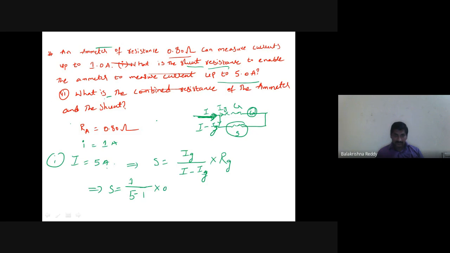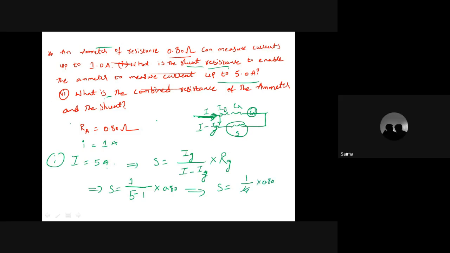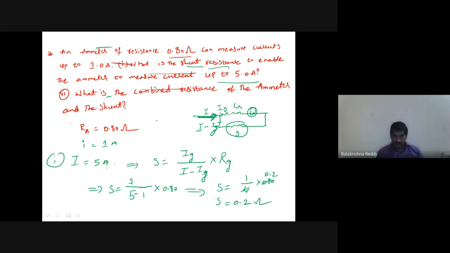Rg is 0.8 ohm. This gives S equal to 1 by 4 into 0.80, or 0.2 ohms is the shunt resistance. This much resistance is required for the shunt to enable 5 amperes current.